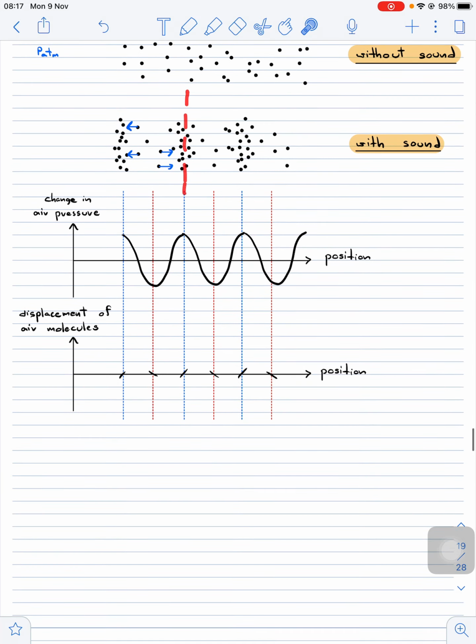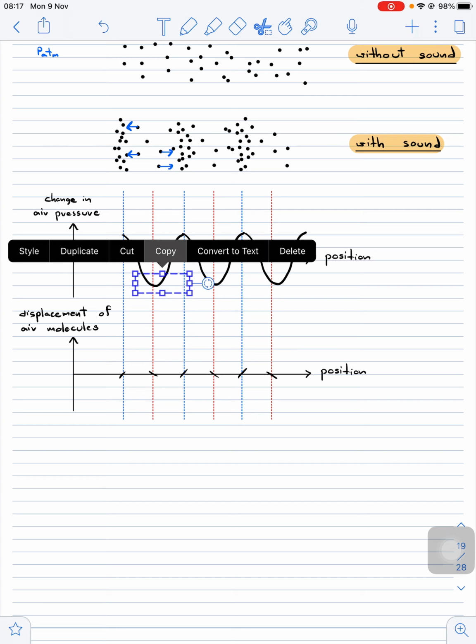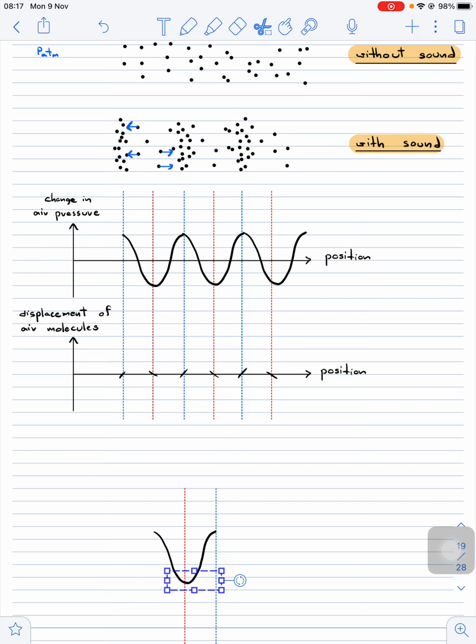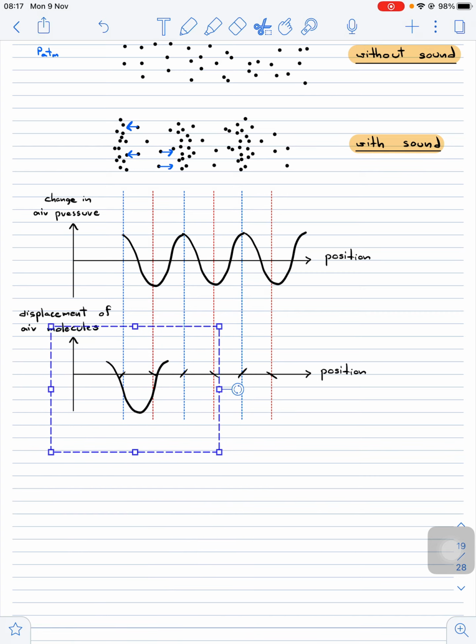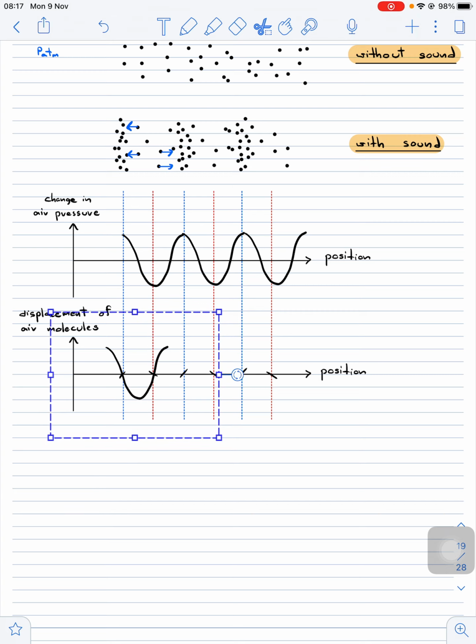So let's consider this one first. The displacement of this one must be negative, and the displacement of this one must be positive. Then the graph should look something like here.